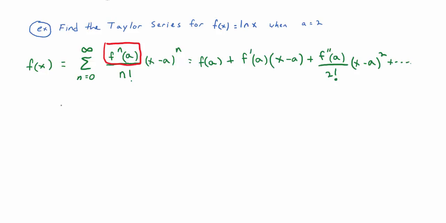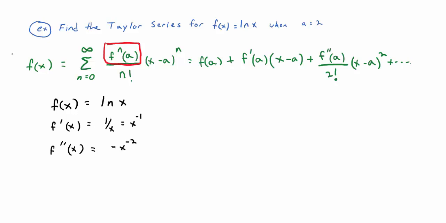So let's do it. Let me write down f of x. f of x is just the natural log of x. So that's the 0th derivative. Okay, f prime of x, what's that? 1 over x, which is x to the negative 1. f double prime of x is going to be negative x to the negative 2.